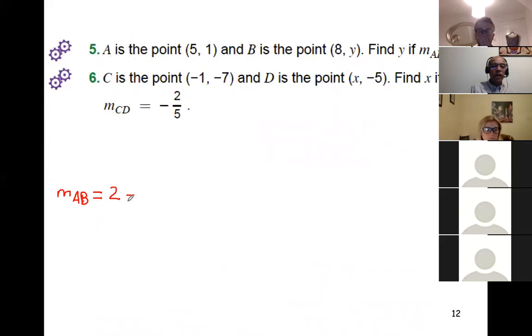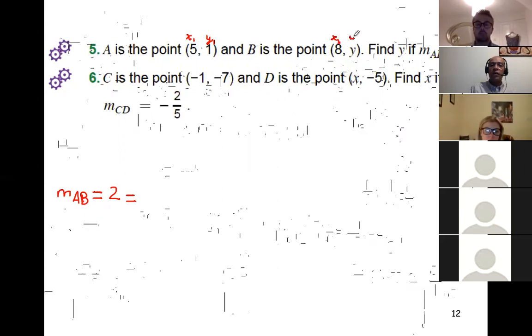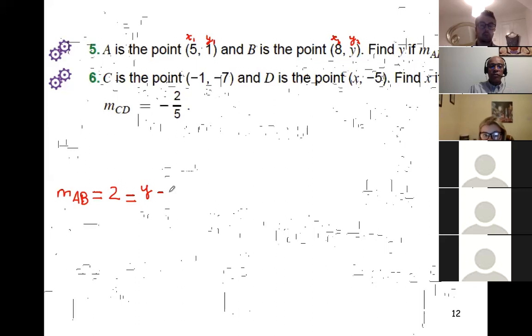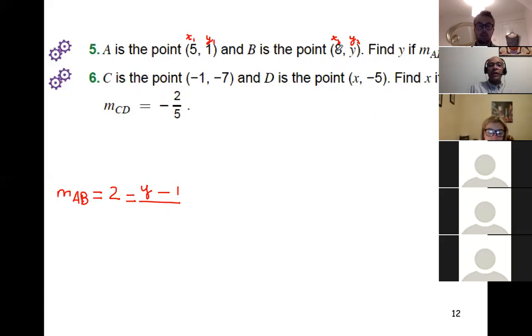And we've learned that if I've got x1 for my first point and y1, for my second point, I've got x2 here and y2. Gradient is y2 minus y1. This time I've got y minus 1. Remember why we were doing all these algebraic fractions? Because there they come. This time I'm using letters. And x2 minus x1, 8 minus 5, which is just 3, right?